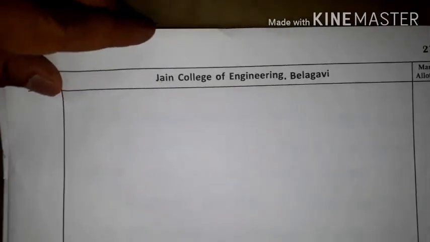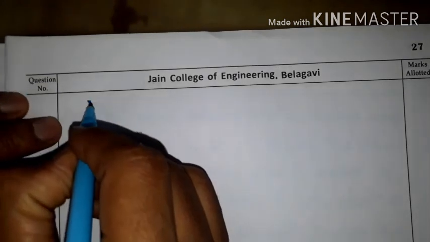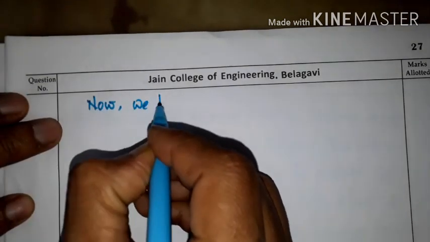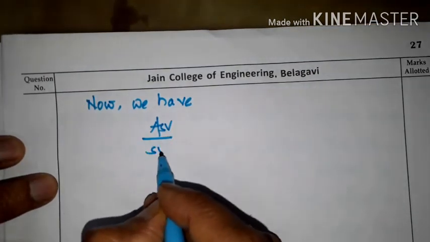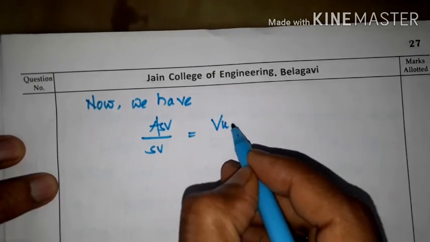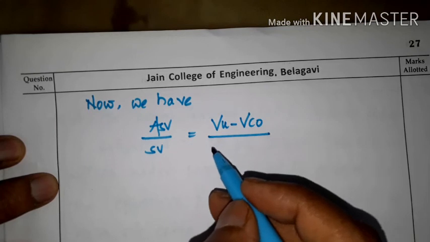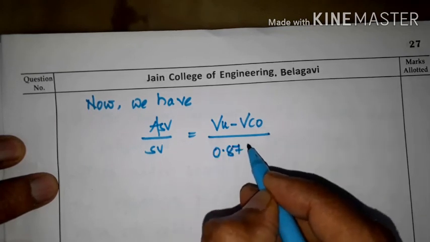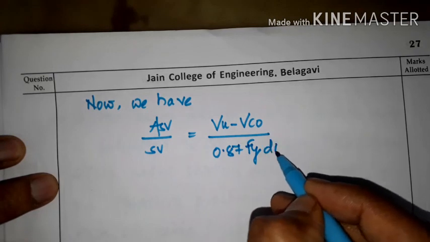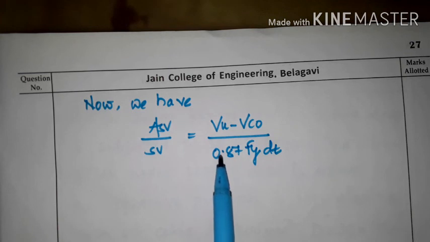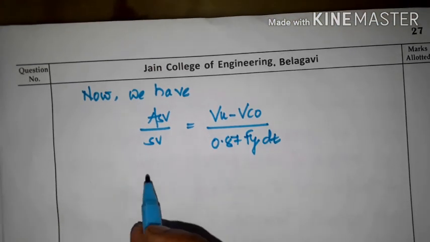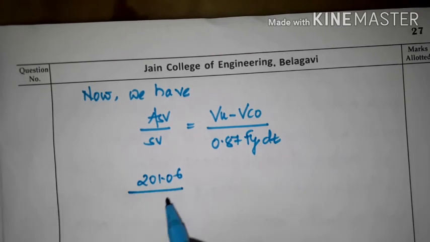Now we have ASV by SV equal to Vu minus Vco divided by 0.87 Fy dt. ASV we have calculated already, that is 201.06, divided by SV which we have to find.